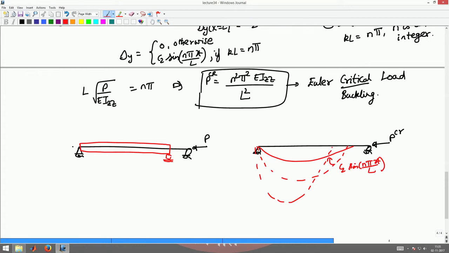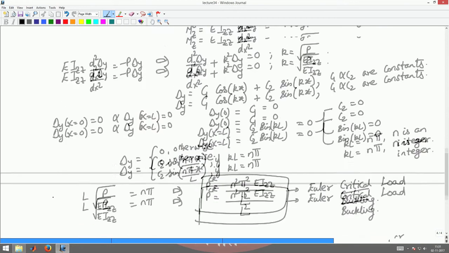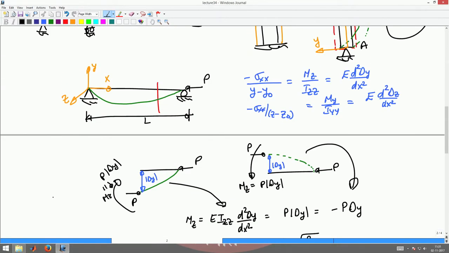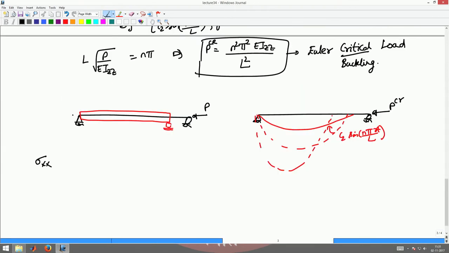Now, when it continues to deform, let us see what happens to the stress sigma xx. We did not use this part of the equation yet, so let us use that. Sigma xx is Mz by Izz into y minus y naught. This is due to bending.